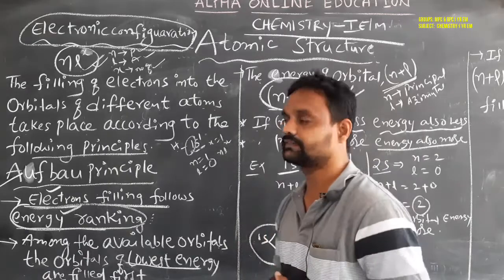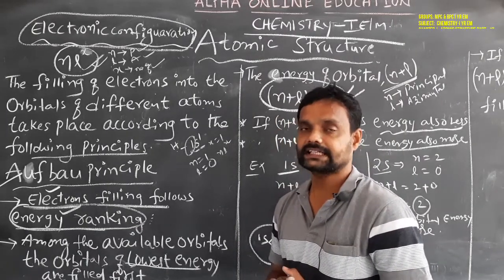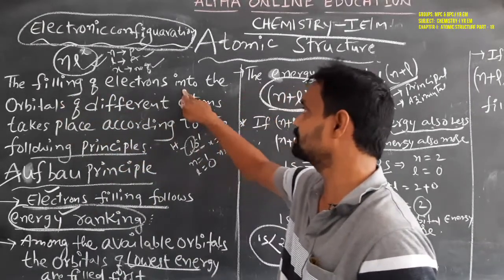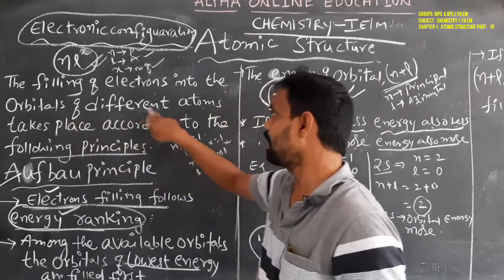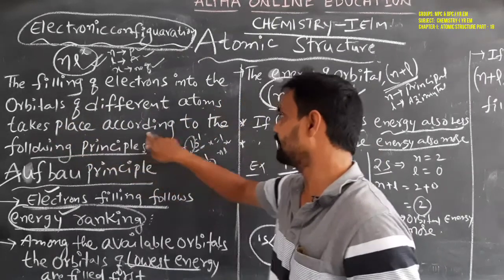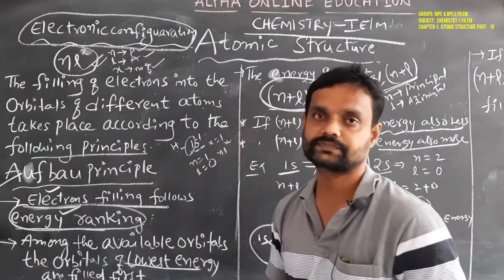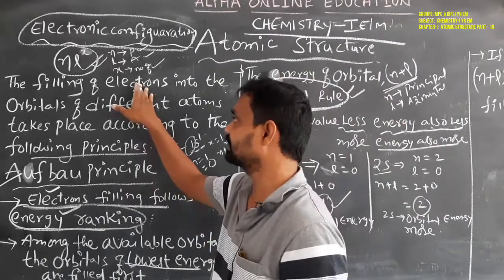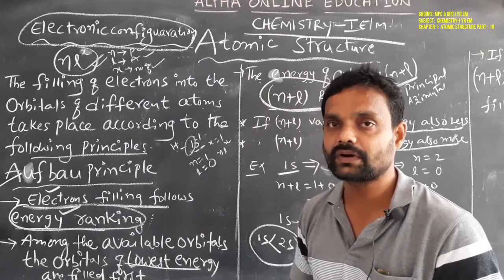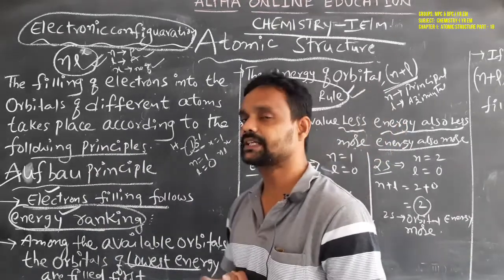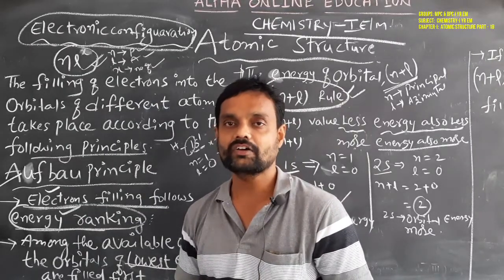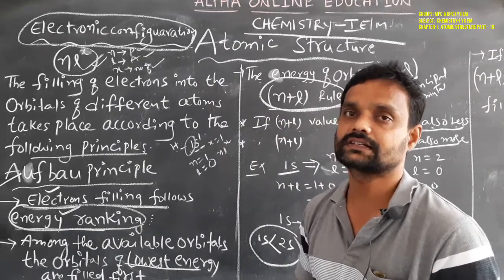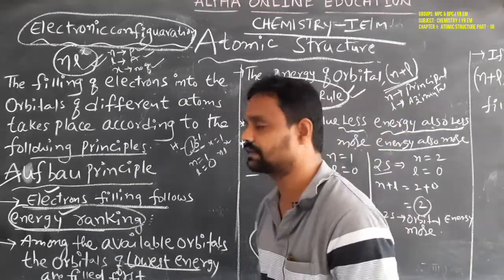When we write the electronic configuration, it follows three types of principles. The filling of electrons into the orbitals of different atoms takes place according to these principles. They are: first, the Aufbau principle; second, Hund's rule; third, Pauli's exclusion principle.